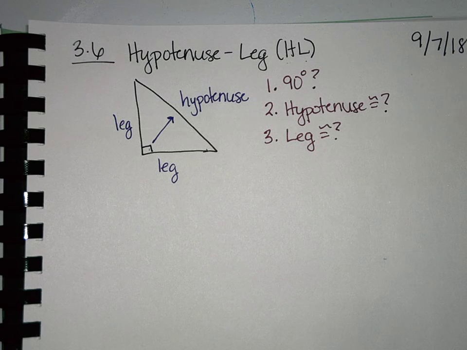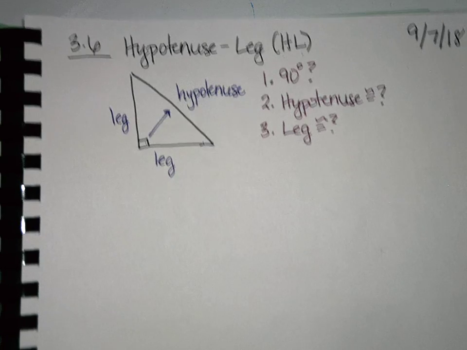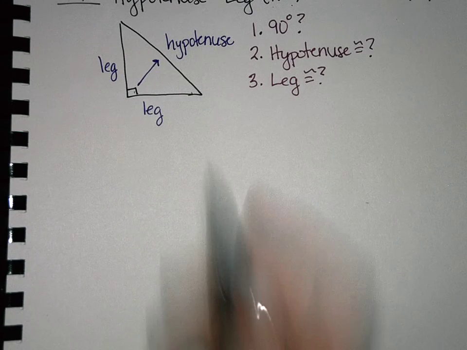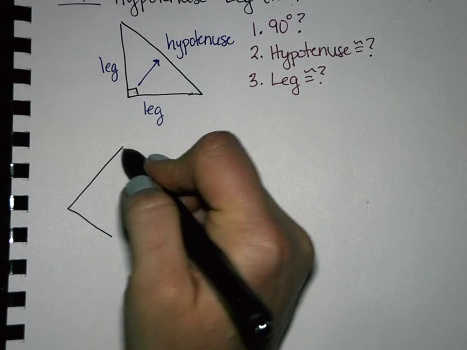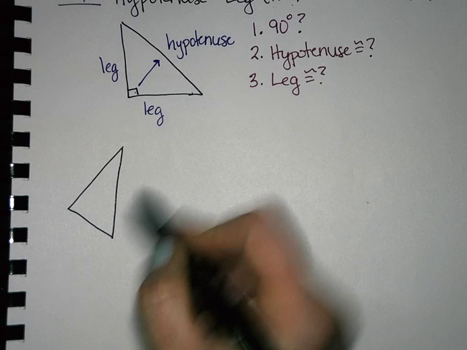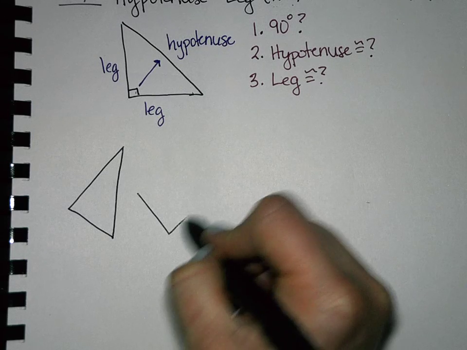Okay, so I'm going to draw up here two pairs of triangles, so 4 total. And we're going to see if hypotenuse leg fits each pair. So our first pair, I'm going to draw, I have this one here with this one here.